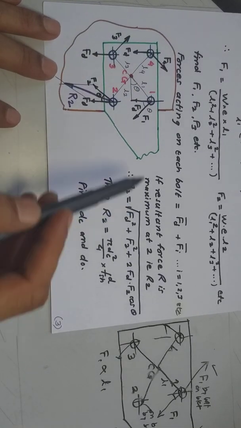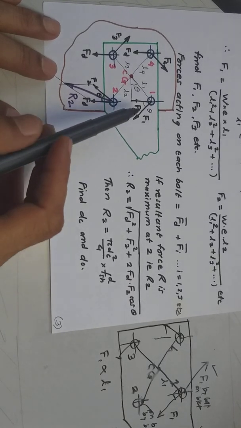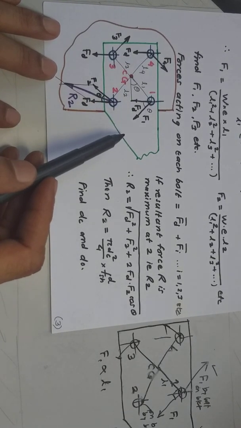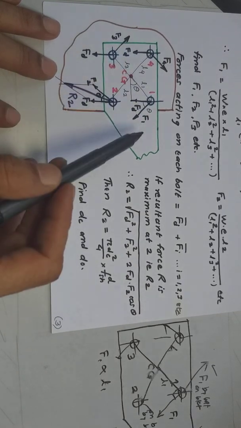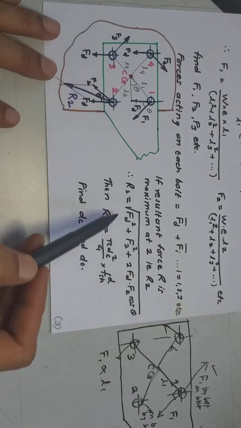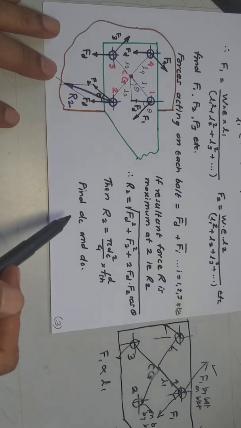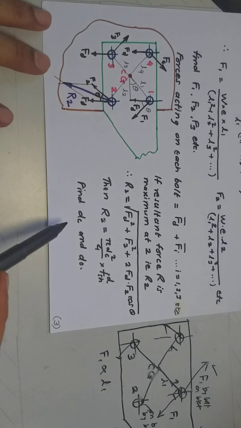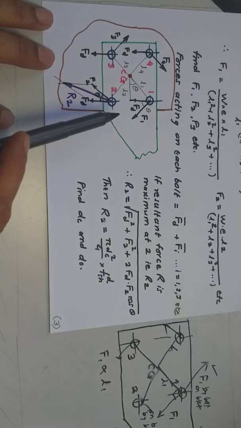This is the way we have found the size of the bolt in the third case, where it is a case of eccentric loading with the forces in the plane of the bolt. These forces are both of shear type, and you add them by considering this kind of equation. This way we find the size of the bolt. We are going to design the bolts by this method for bolted connections.